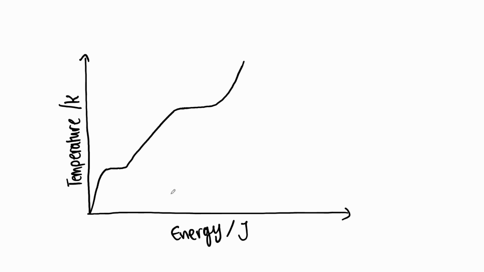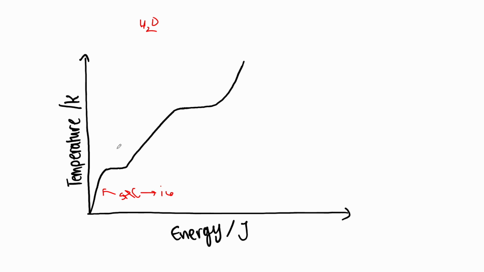So, for example, they might give you a graph like this and tell you to work out the energy for different places. Here we can see this is raising the temperature. This would use specific heat capacity while it's a solid. If we take water, H2O, this would be the ice phase.